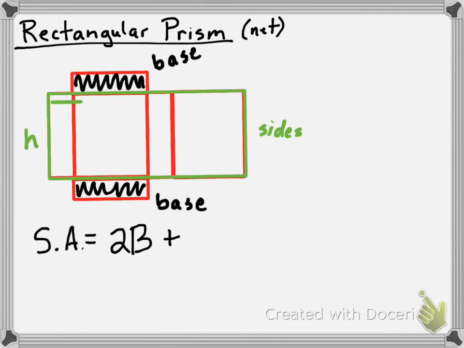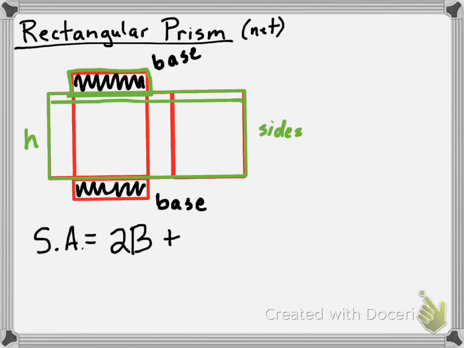Well, if you think about that length, all the way from here, all the way across over here, if I wrapped it back up into the prism, wouldn't that be the same as this rectangle? So it would be the same distance from here to here as it would to wrap around the base.